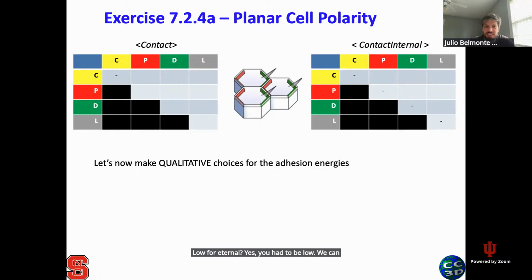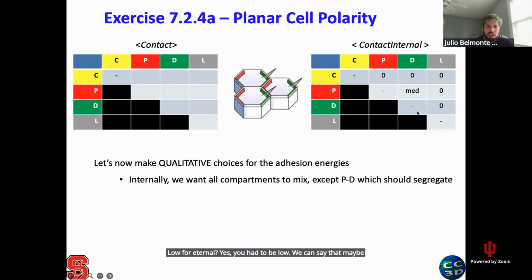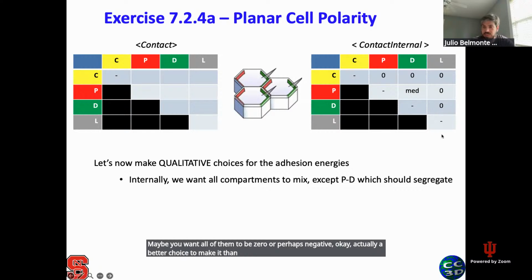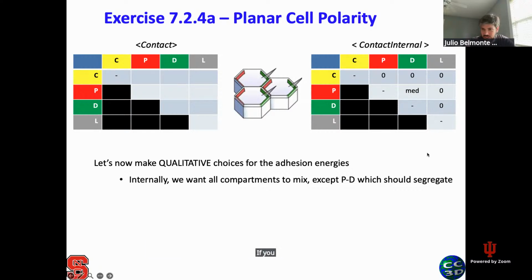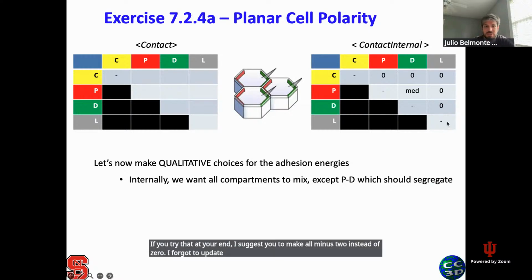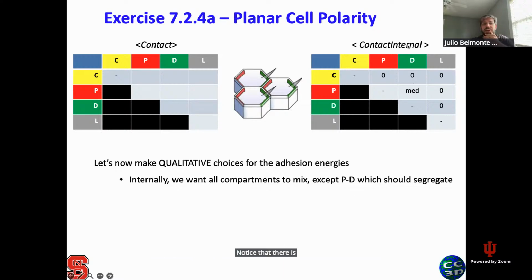We can say that maybe you want all of them to be zero or perhaps negative. Actually, a better choice is to make them all negative. So if you try that at your end, I suggest you make all of them -2 instead of 0. I forgot to update my slides. But notice that there is one that I made positive, the proximal-distal.